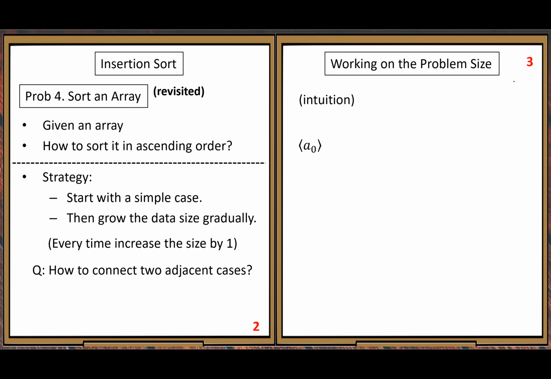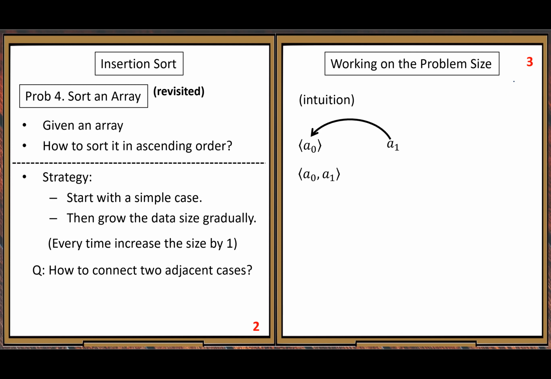But after that, we have a new element, A1. After we add A1 into the current array, we want to make it sorted. It's very easy, right? We do just one comparison, and we can get it sorted. Now, our current array is a sorted array, A0, A1.